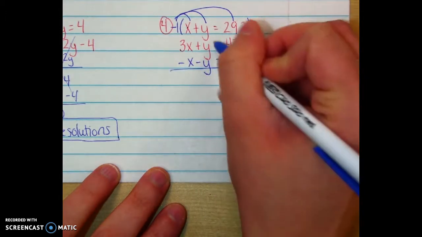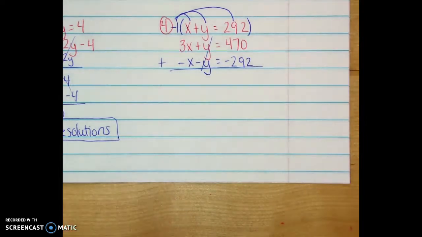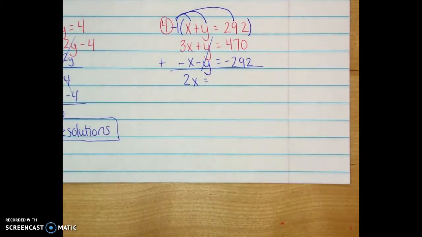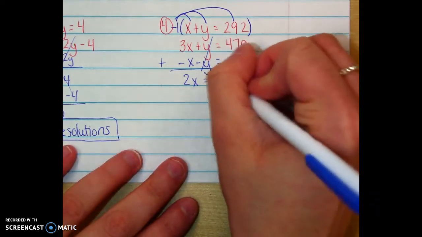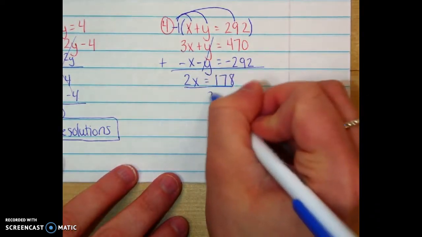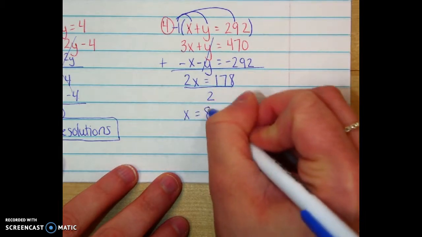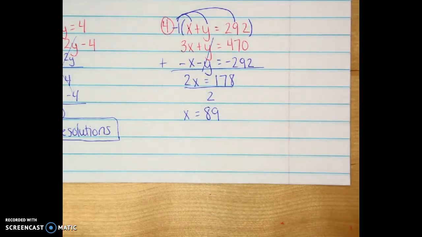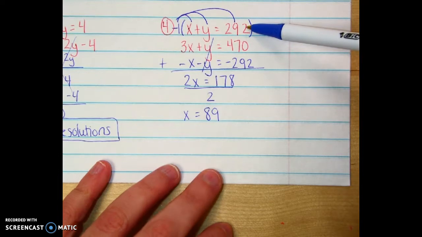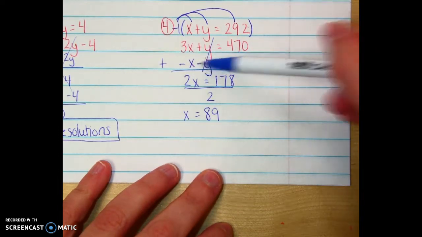I have my opposites now, so I can add these together. So 3x minus x is 2x. And 470 minus 292 is 178. Divide everything by 2, x equals 89. I'm going to substitute it back into one of these equations. I can either substitute it into the original one that's in red, or this new one that I wrote down here.